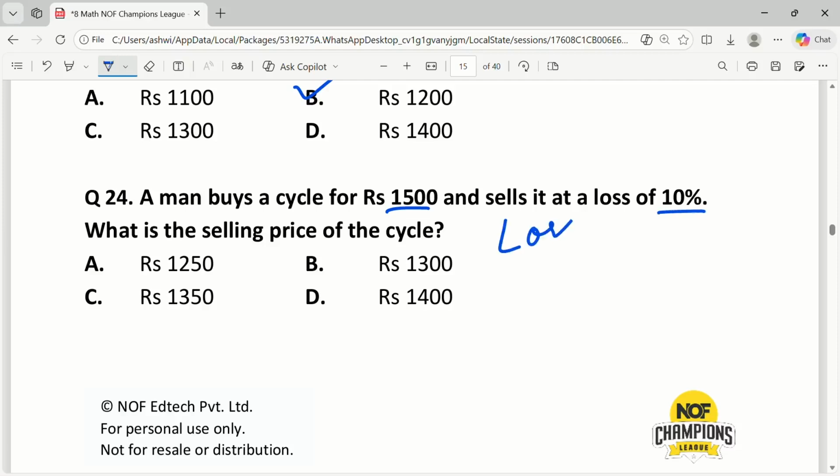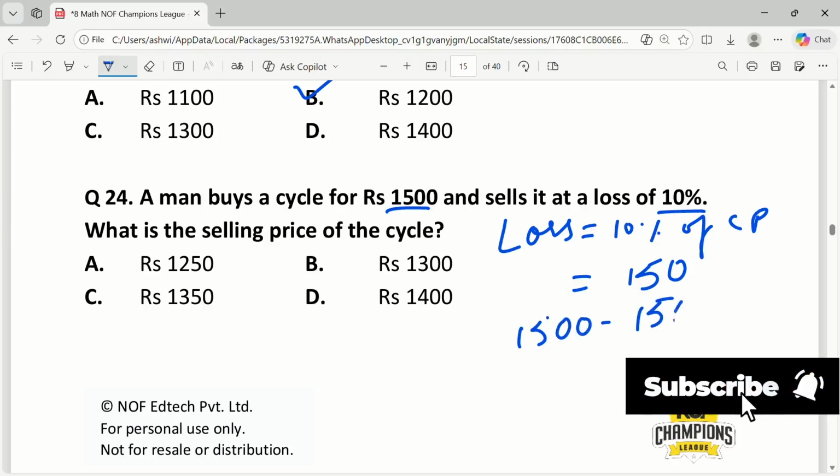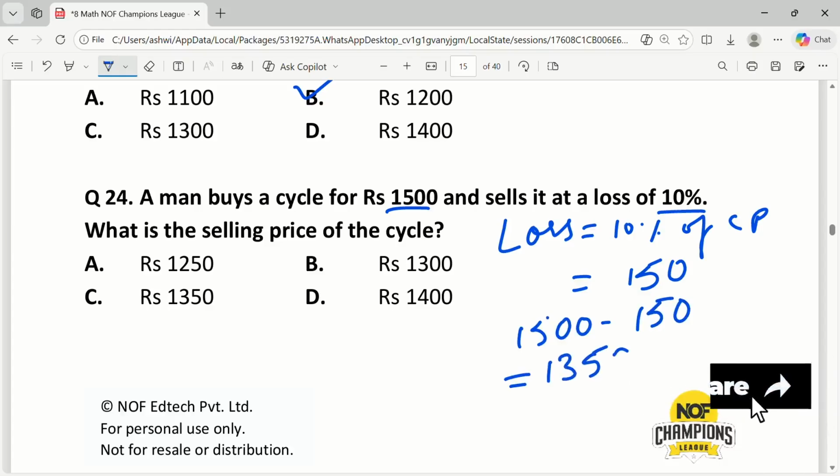Loss is equal to 10% of CP, which is equal to 150. Selling price is equal to cost price minus loss, that is 1500 minus 150, which is equal to 1350, which is option C.